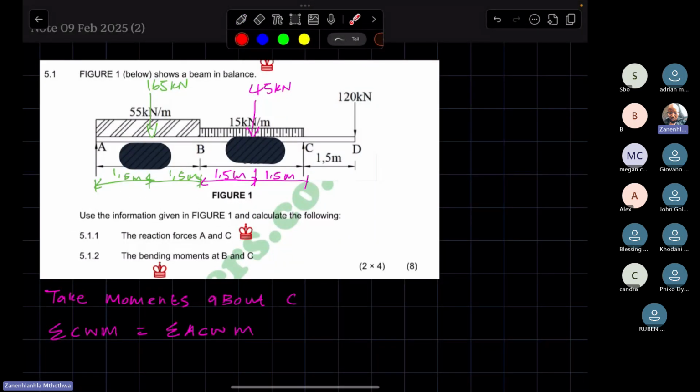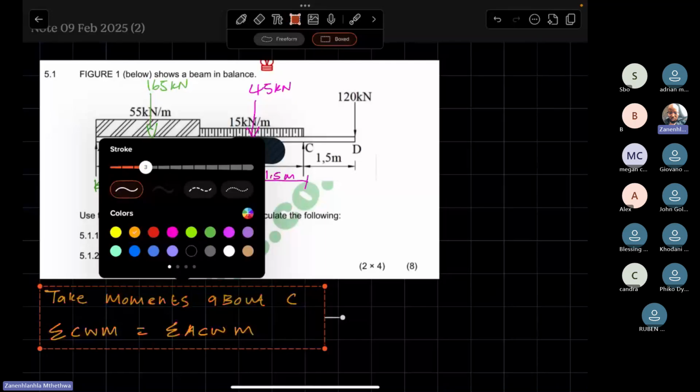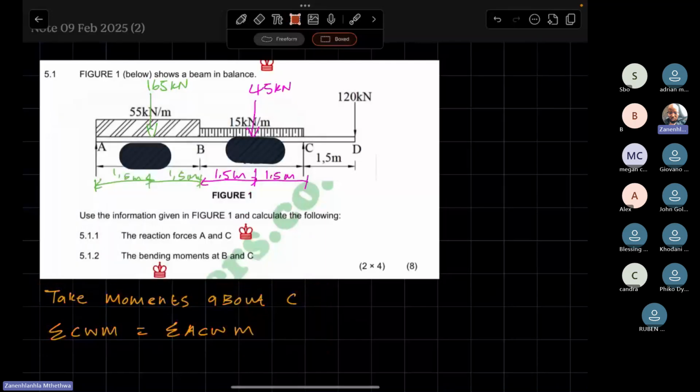Now we have to look at the turning effect each of these point loads has towards C. If you're taking moments about C, what turning effect would reaction A have towards point C? Clockwise, so this one will be clockwise.